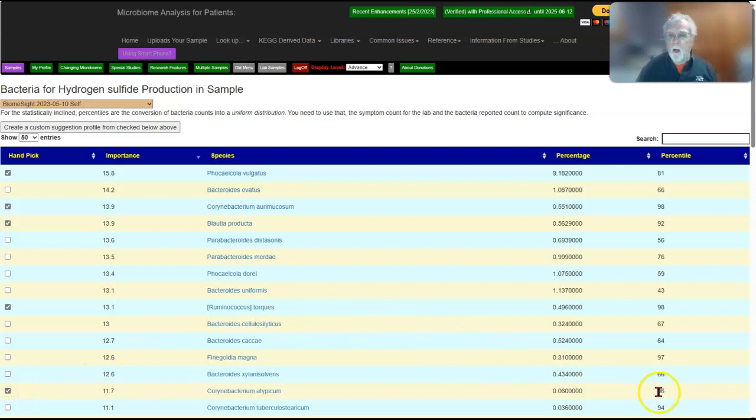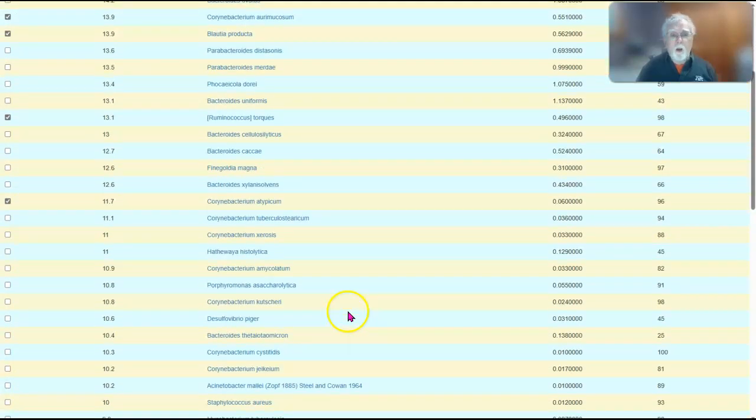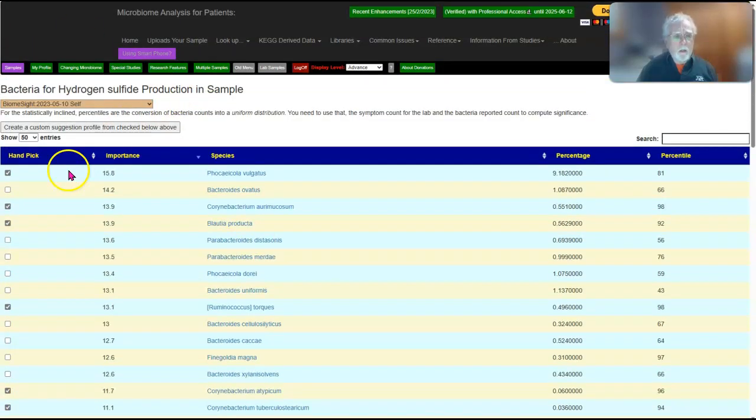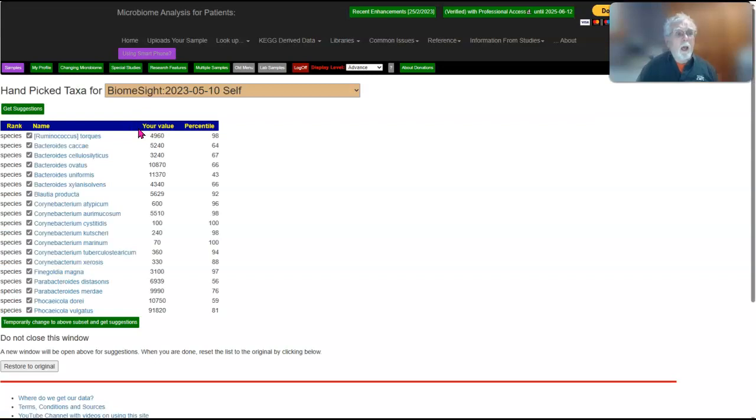I'm looking here at percentile, which means you're producing much more than typical, and 88 there. And another one down here, we had 100. And I can do more. I check them there because I'm going to make it a hand-picked suggestion right here. And they're now added in there, so now I can get suggestions for that one.